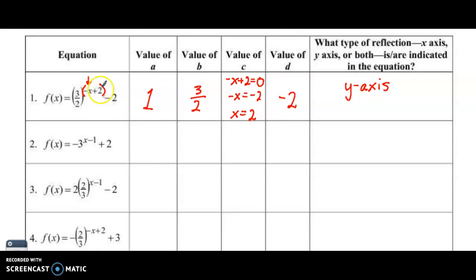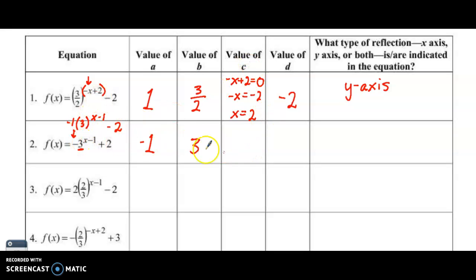So as I move on, notice that the parentheses matter. If you follow the order of operations, you do the exponent before this negative. So what that means is that the a value is -1. You could think of rewriting this problem as -1 times 3 to the x minus 1 power, and then -2. So then that base is positive 3.